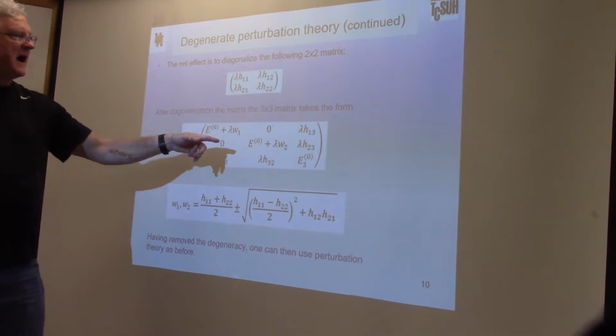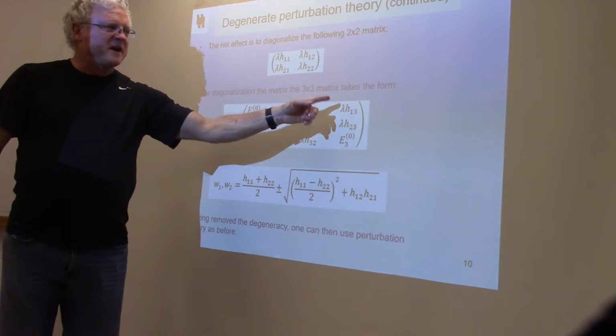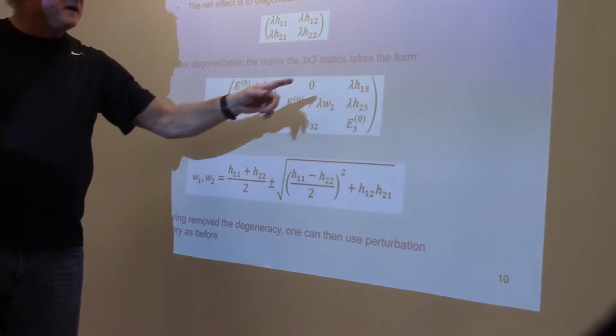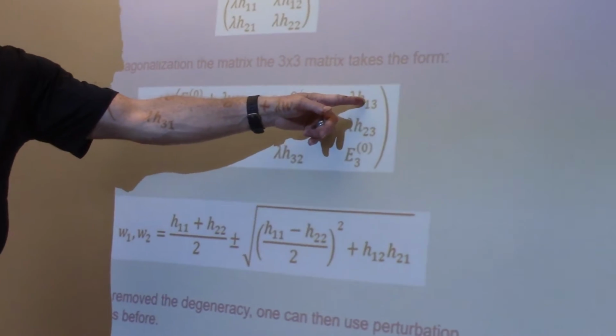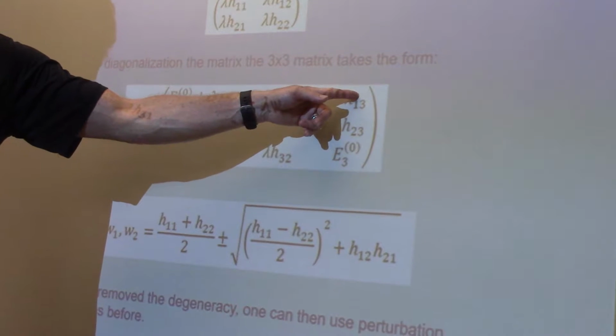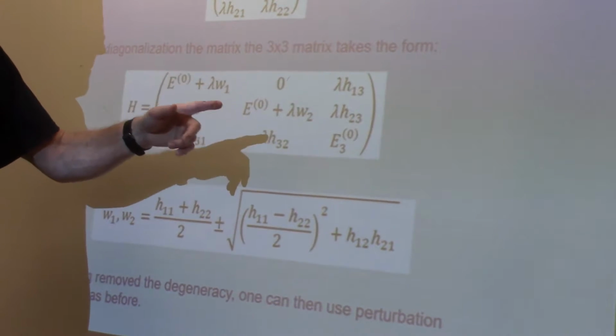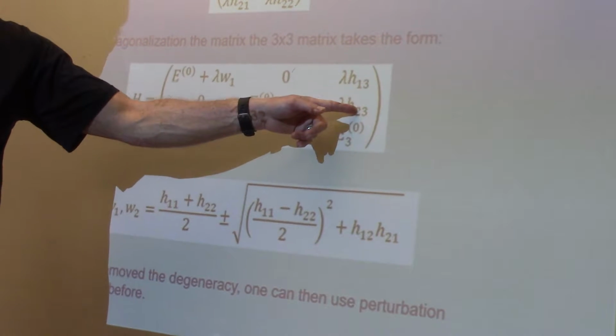However, these off-diagonal matrix elements in general will be complex. Because this is Hermitian, this element is the complex conjugate of this one right here, and similarly this one will be the complex conjugate of this one.